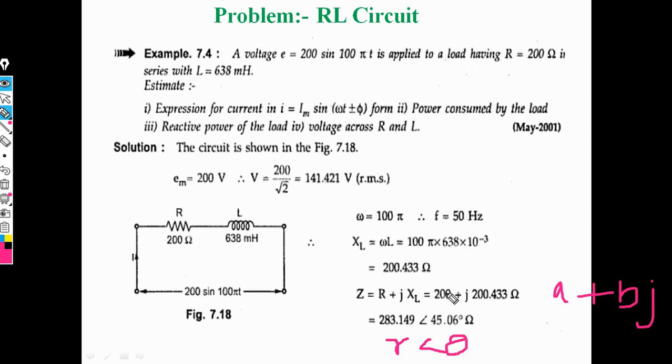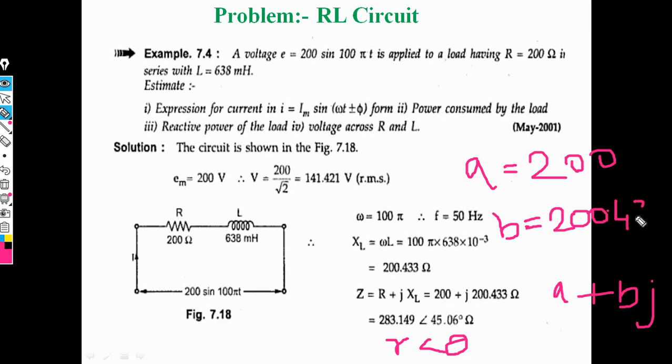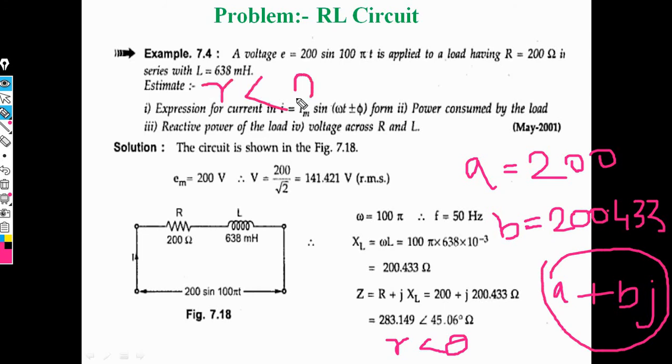The value of A is 200, and the value of B is 200.433.